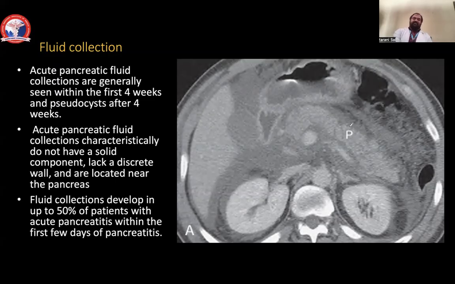Since the pancreas is a retroperitoneal organ, it stays within that space, that is the perirenal space, and it starts tracking along the Gerota's and anterior pararenal fascia and paracolic gutters. And we can see a minimal pericholecystic fluid collection is also there.